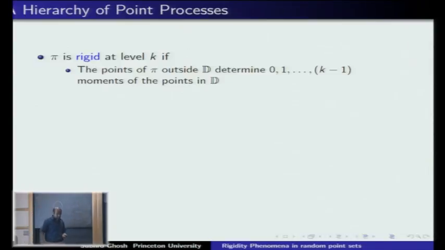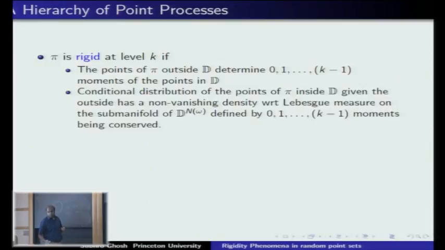So the natural question, to extend this idea, is the following phenomenon. If you take a disk or some reasonable domain, the points outside this domain determine precisely the number of points and the first k moments of the points inside, and they do not determine anything more.